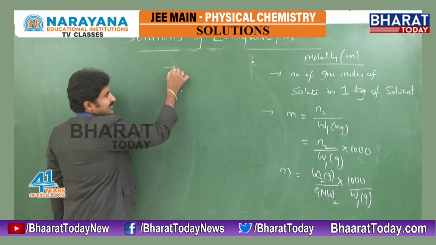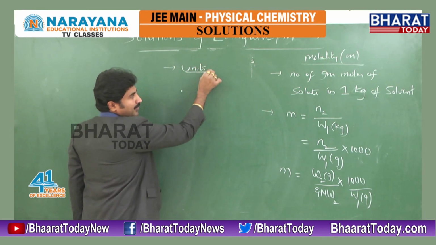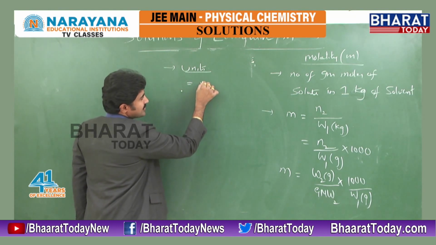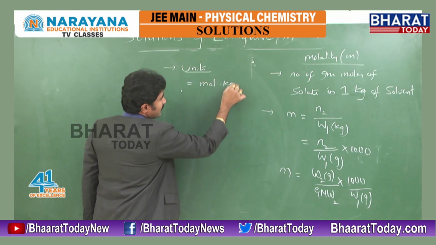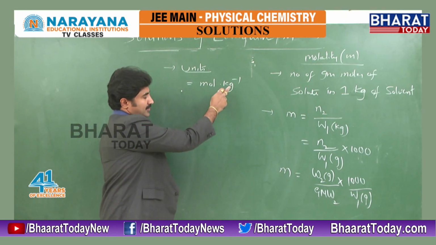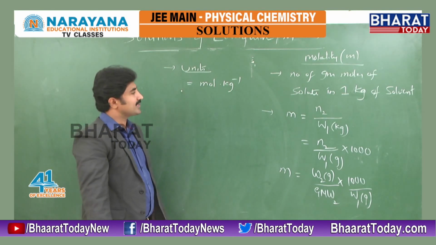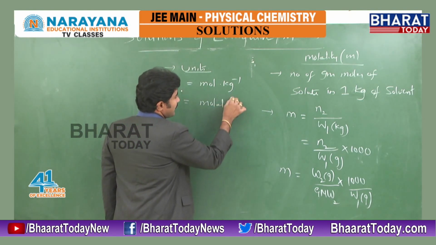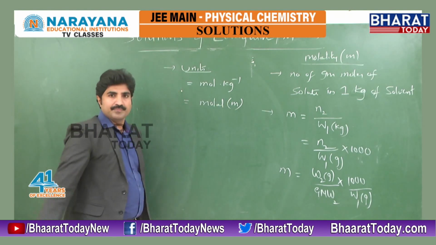And what about the corresponding units? As per definition, this is defined as mole per kg, number of moles of solute present in 1 kg of solvent. That's why this is mole per kg, or it is also written as molal, small m.